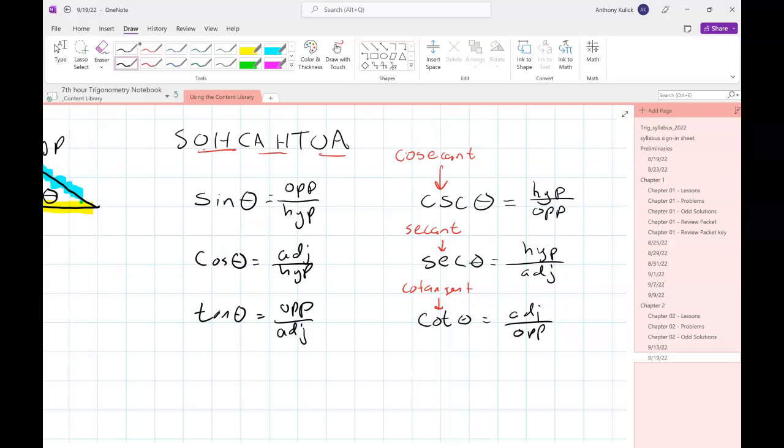So cosine does not go with cosecant. It goes with secant. And as a result, the only one left then is sine that has to go with cosecant. Is that okay with you guys? If you think about it that way, there's very little left to memorize, which is what Mr. Kulik would like. I don't want to spend my time memorizing things. I want to spend my time doing mathematics. Right?